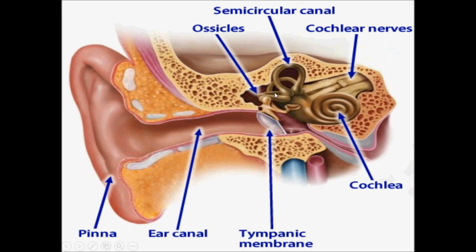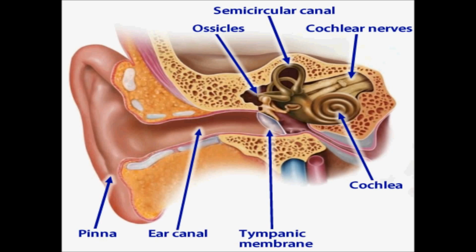The transmission of sound waves from external auditory canal to the internal ear occurs due to ear ossicles, that is your ear bones, malleus, incus and stapes. And Eustachian tube, it is somewhere here. This is Eustachian tube. Eustachian tube is present in the middle ear. It is a component of middle ear. It is not a component of inner ear.